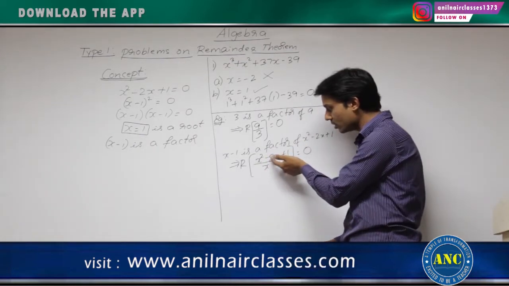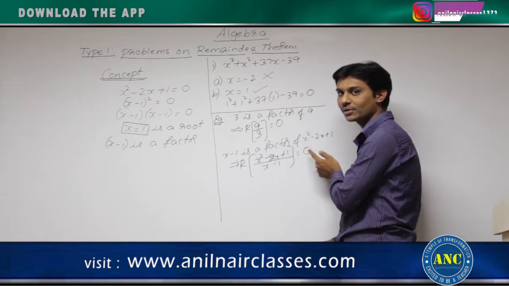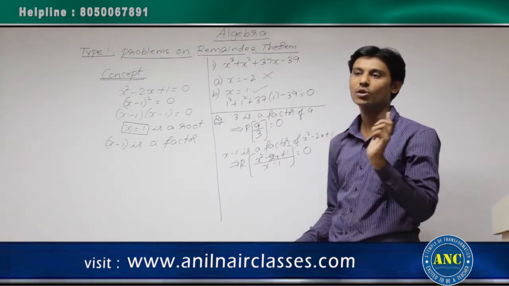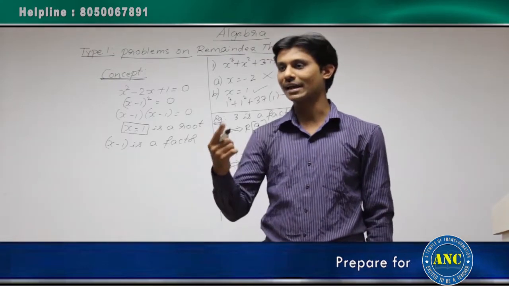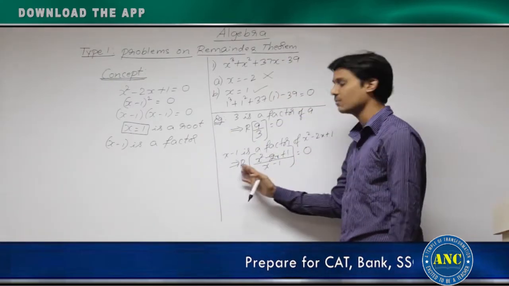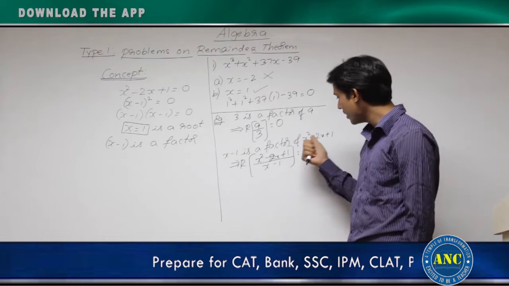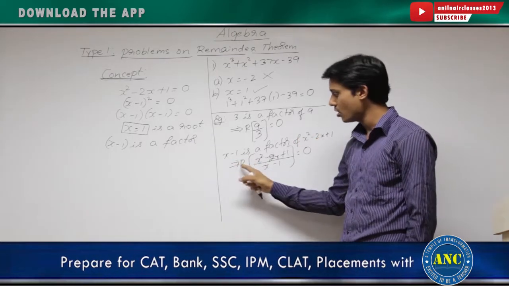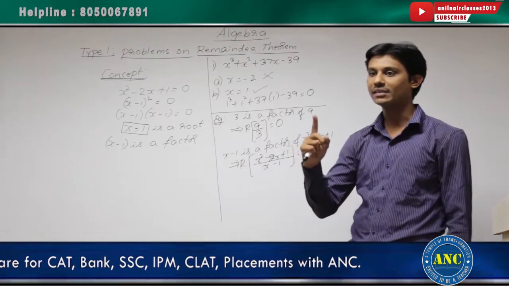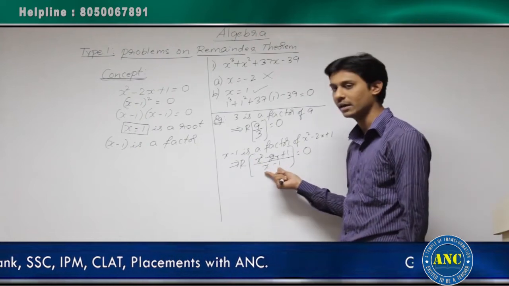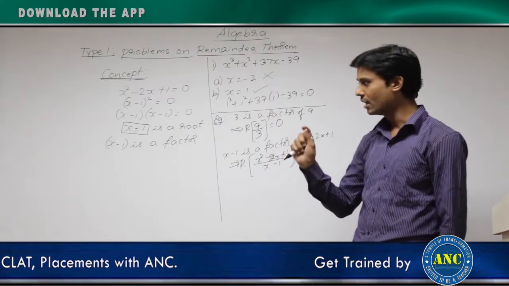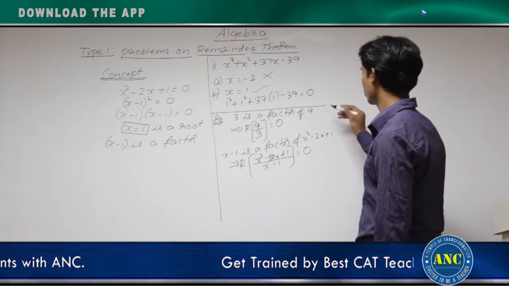If I substitute x is equal to 1 in the numerator, I should get 0. If I get 0, then it is a factor. If I do not get 0, then it is not a factor. It will have some remainder. That means whenever this is divided by this, I will always get the remainder when I substitute the denominator equating to 0. Clear with the approach? Same method I will apply for the second question also.